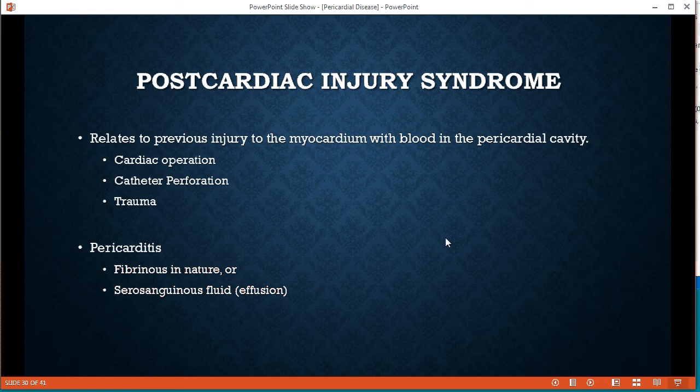So if they bleed into the pericardial sac and there's no way for that blood to be moved out of the pericardial sac, then you can start showing signs of pericardial tamponade. Again, pericarditis tends to be fibrinous in nature, or more commonly, especially if it's something acute, you can see serous, serosanguinous, or even sanguinous fluid.